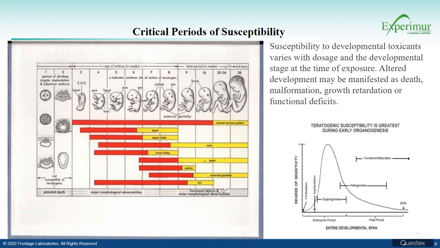And so these two images here show the developmental system and where different organs and different tissues might be differentiating, growing, and where altered development could be affected. I'll give you a second also to look at this. And when Bjorn talks a little bit more about DART studies and the dosing paradigms, you'll see that the timing of exposure is critical in these tests.